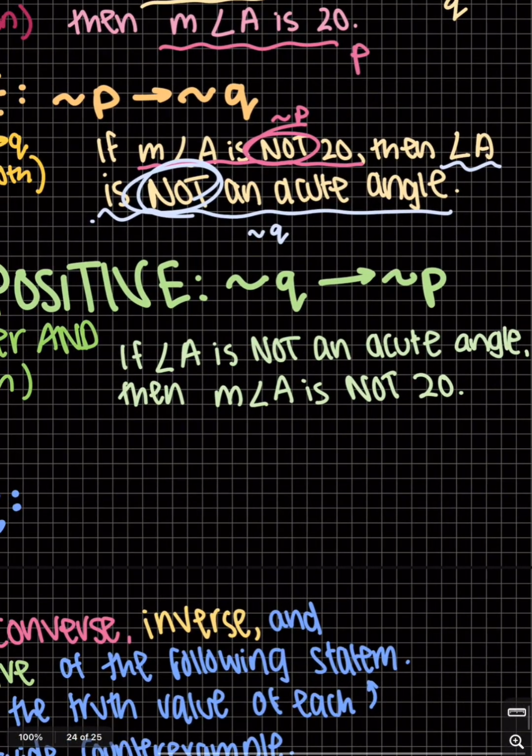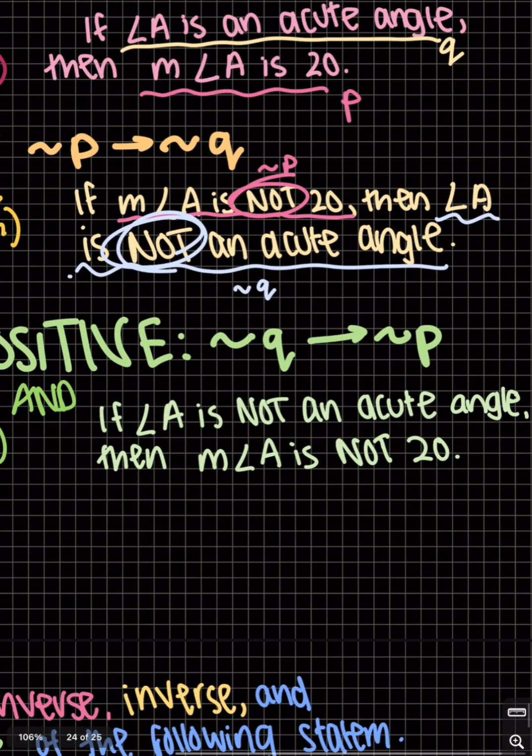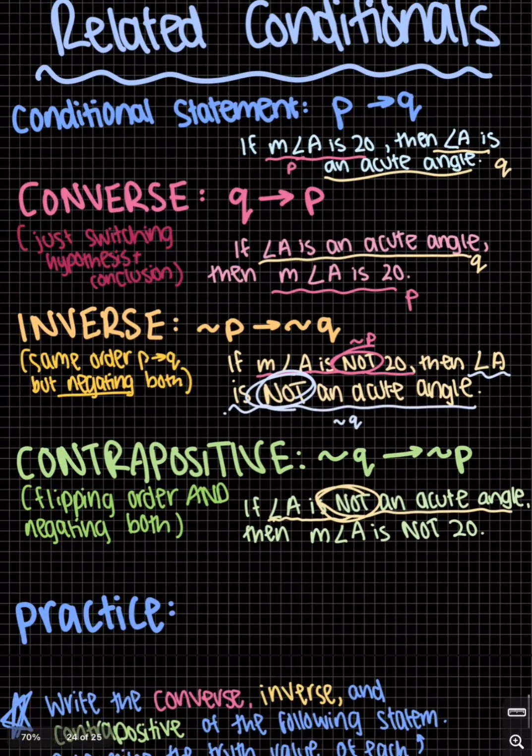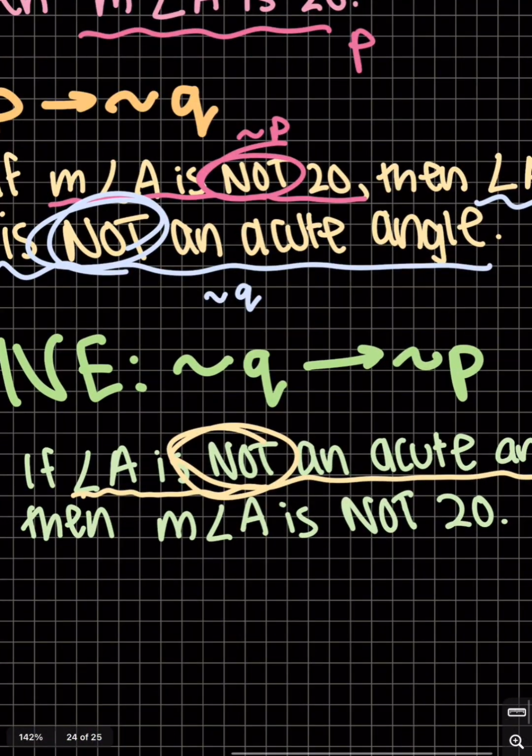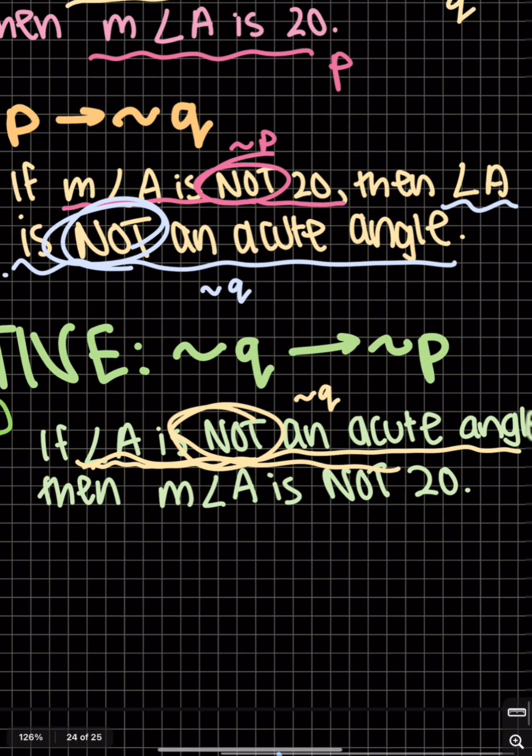So if I use the same example as earlier, if the measure of angle A is not an acute angle, this was our conclusion, right? As from before, but it is the negation of the conclusion, meaning this is the negation of Q. Then the measure of angle A is not 20.